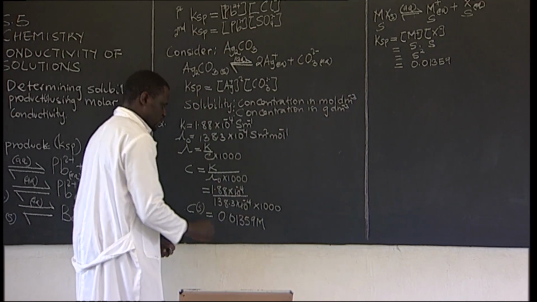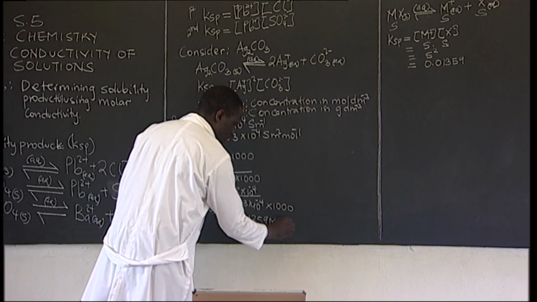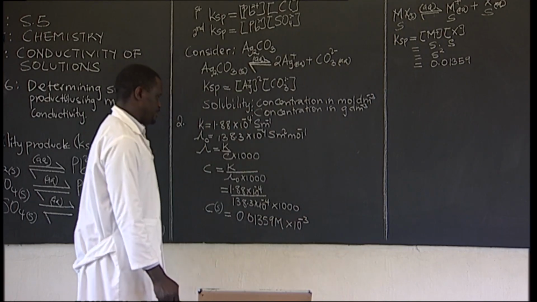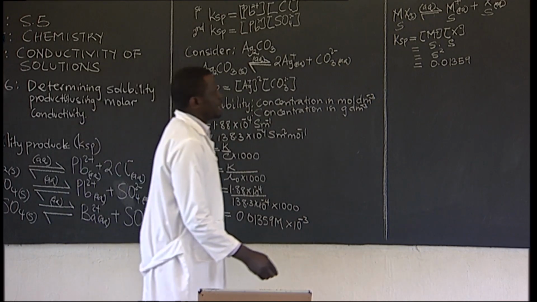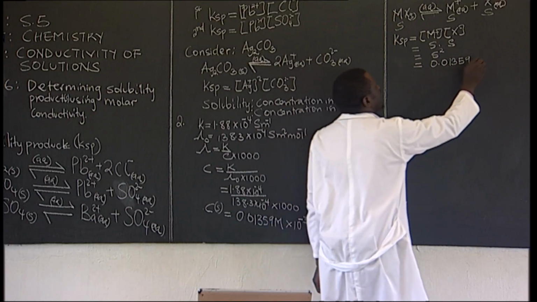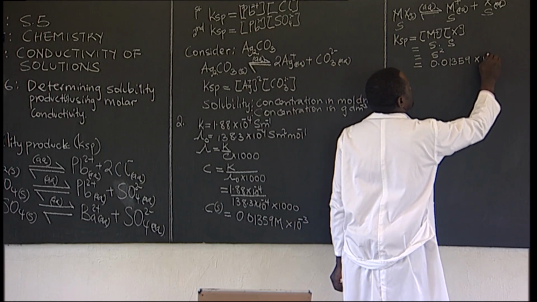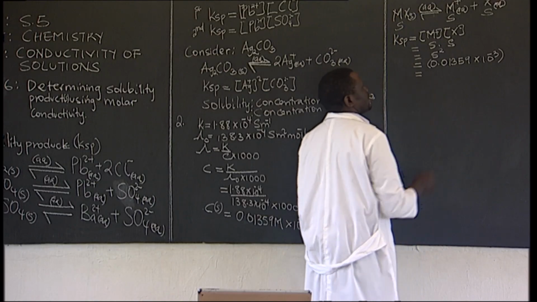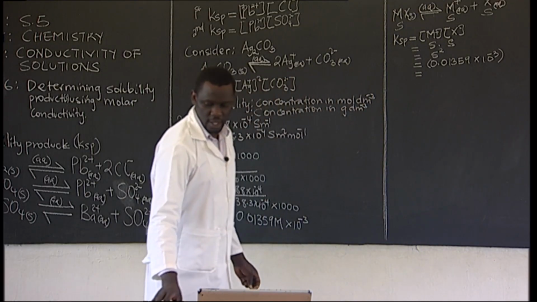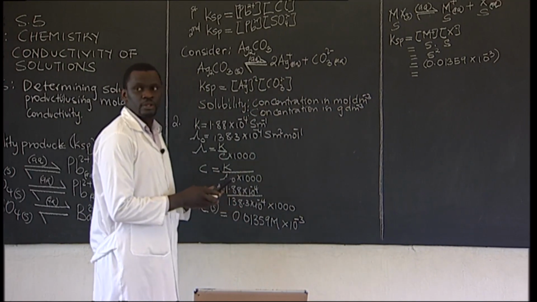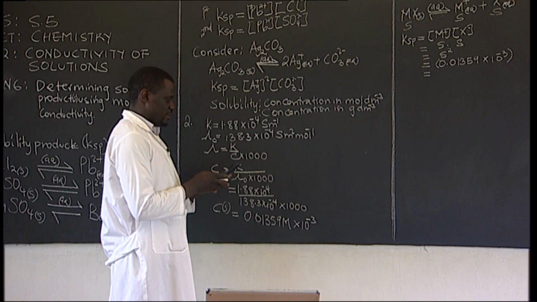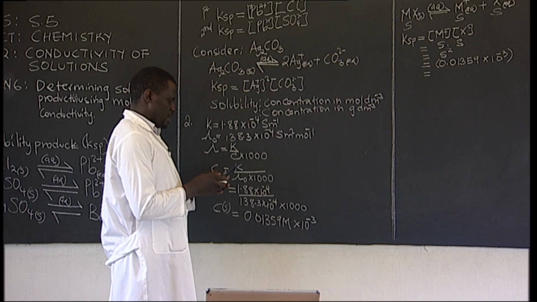So if it is 1,000, meaning here we shall multiply times 10 to the power negative 3. So we do like this, then we square. So we're going to divide by 1,000, our answer, and after that we square.